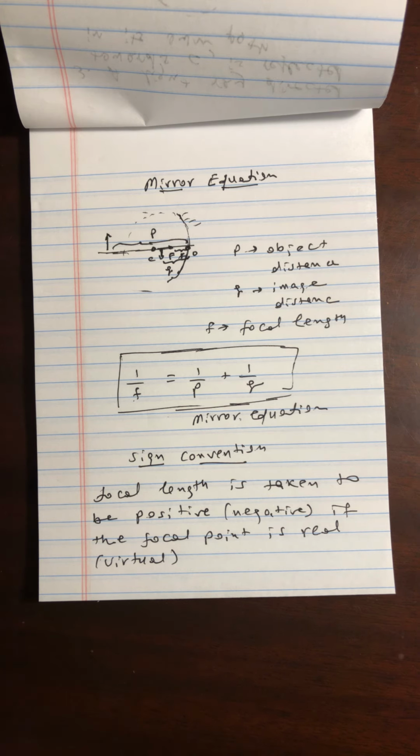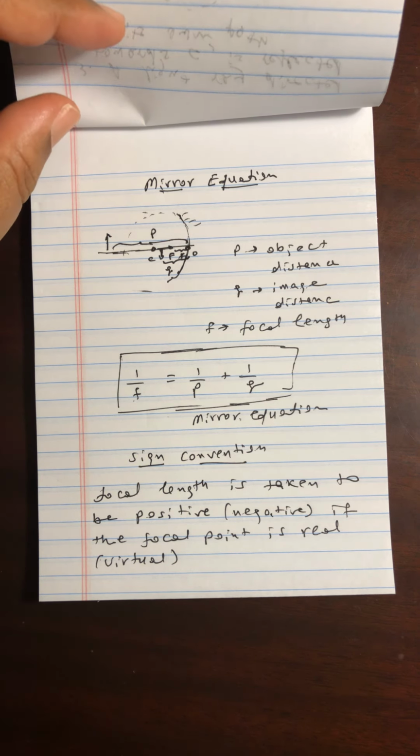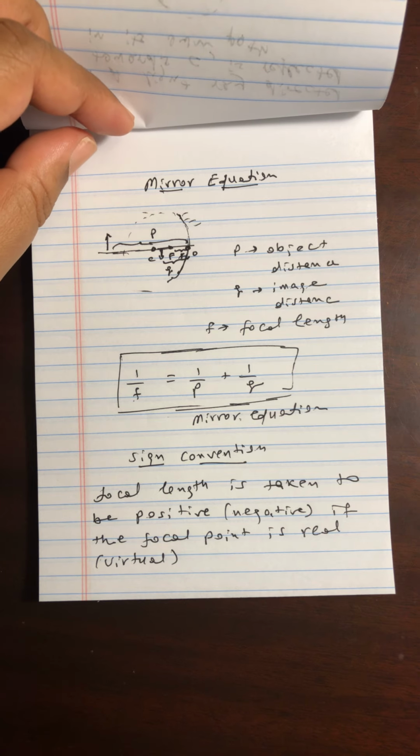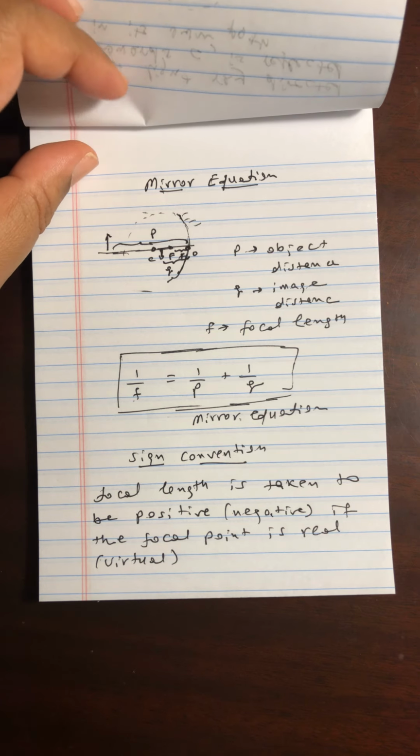So we know that the focal point of a concave mirror is real and the focal point of a convex mirror is virtual.